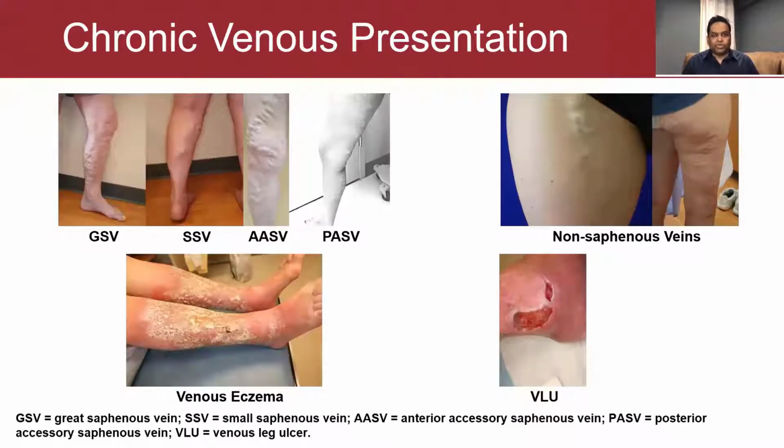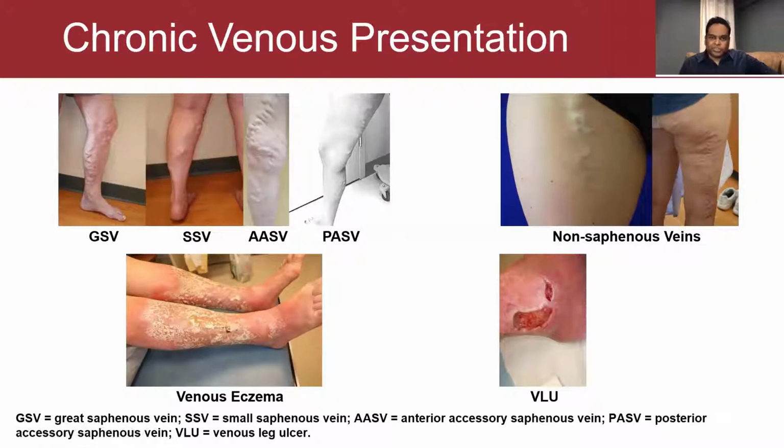Important to remember. So when you look at the presentation of venous disease in its chronic form, it presents itself either in the form of varicosities in the great saphenous distribution, small saphenous distribution, anterior accessory great saphenous distribution, or posterior accessory great saphenous distribution, or in the non-saphenous distribution, such as the mid-inguinal ligament here, or the posterior buttock area down into the thighs.